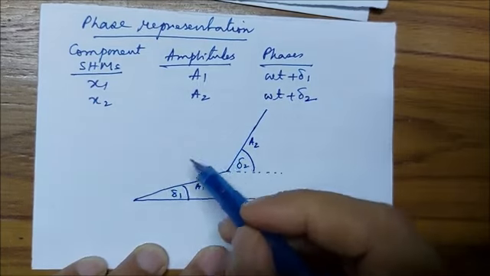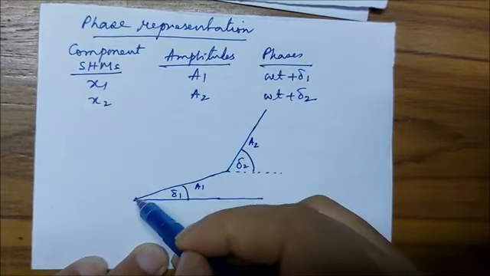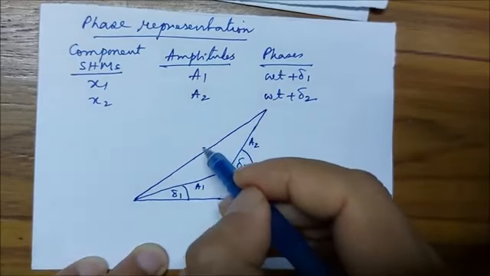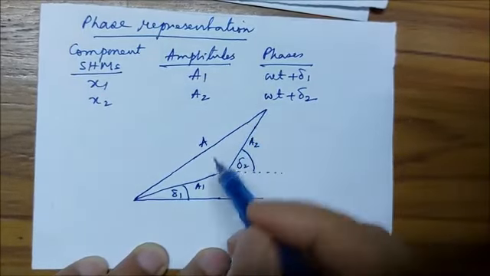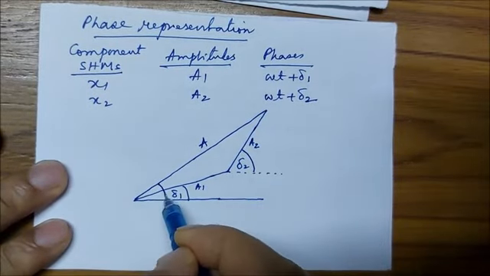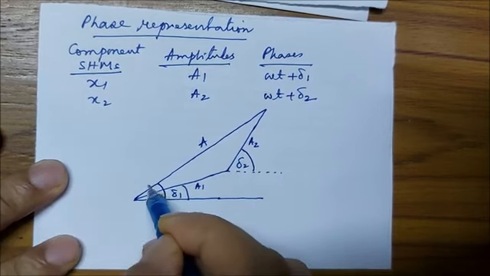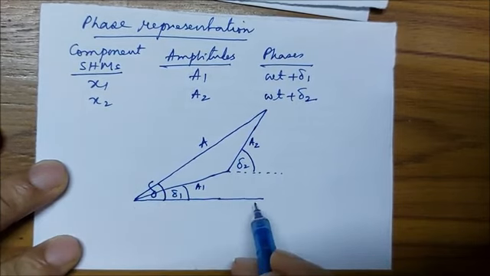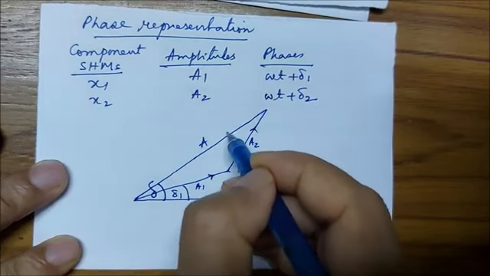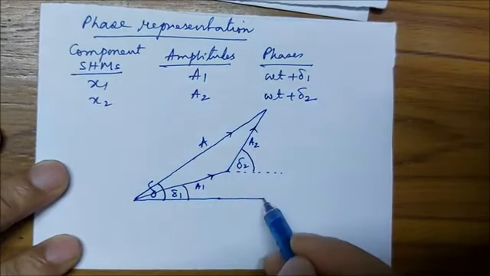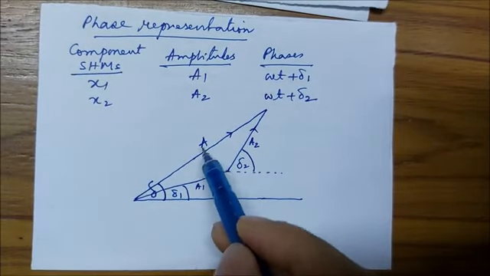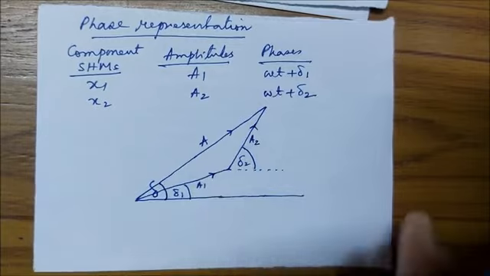The resultant will be this line. So this is the resultant and it makes an angle delta with omega t line. So this is A1, this is A2, and this is A. Let us check whether the expressions of A and delta follow from this diagram.